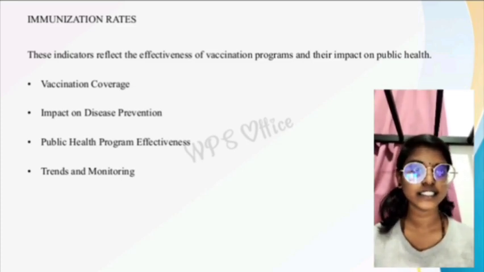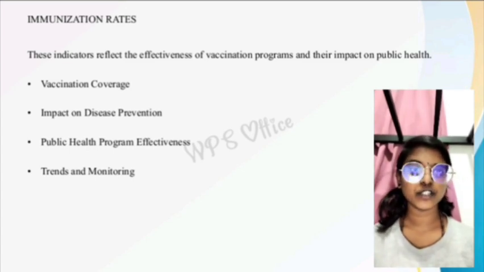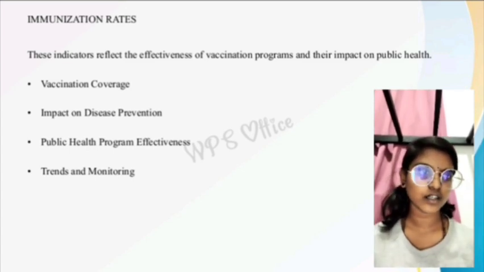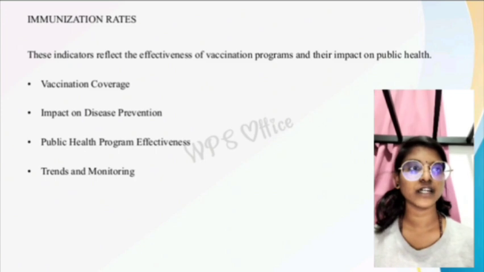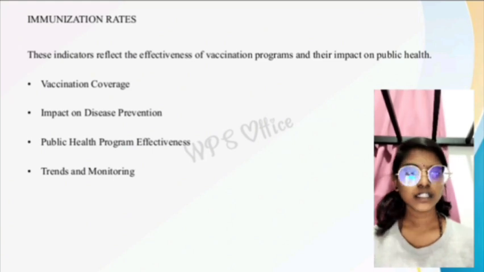Low vaccination rates may indicate gaps in healthcare access, misinformation, or vaccine hesitancy. In trends and monitoring, governments and health organizations track immunization data to identify gaps and improve strategies, and it's used to predict and prevent potential outbreaks.